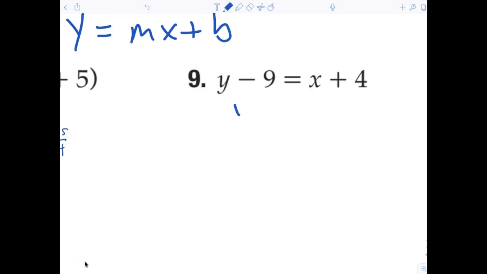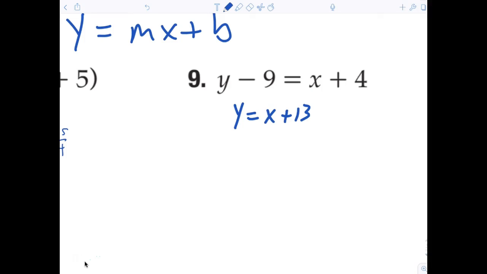Right, very good, thank you. Anybody have any issues? So we have 3 forms. Y equals mx plus b, y minus y1 equals m times x minus x1, and ax plus by equals c. Everybody agree with that? And you just have to put it in whatever form they tell you.